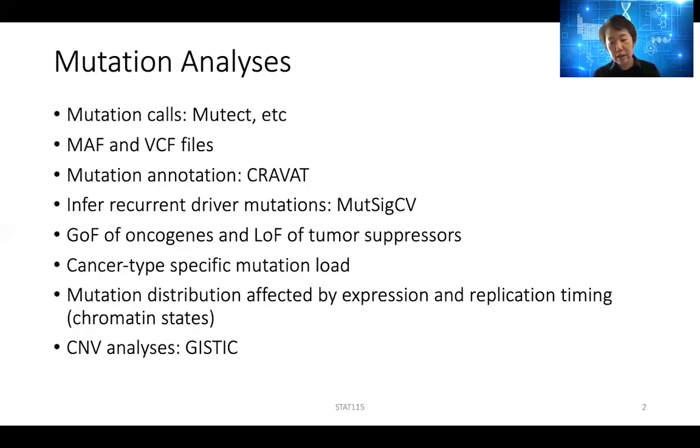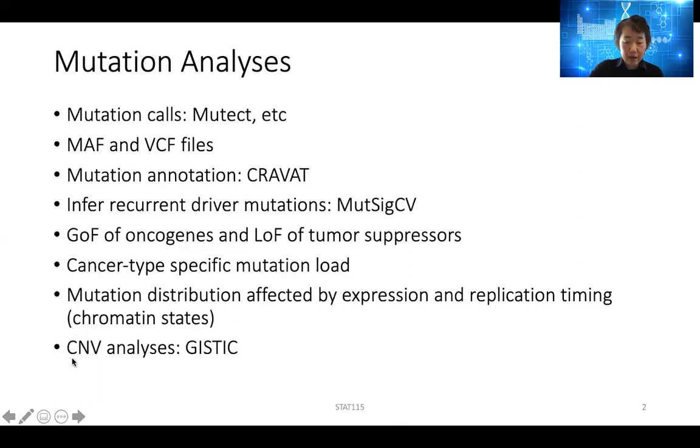The open chromatin regions are usually replicated earlier, whereas the closed chromatin, DNA methylated silent regions are usually replicated later, and those can accumulate more. The late replication, closed chromatin regions can have more mutations, but they are not necessarily driver mutations. They are just non-functional mutations.